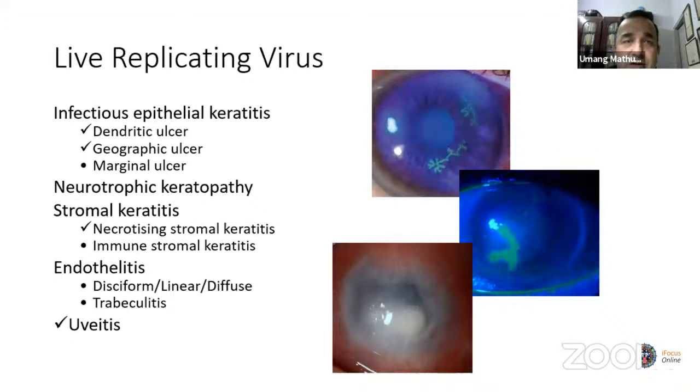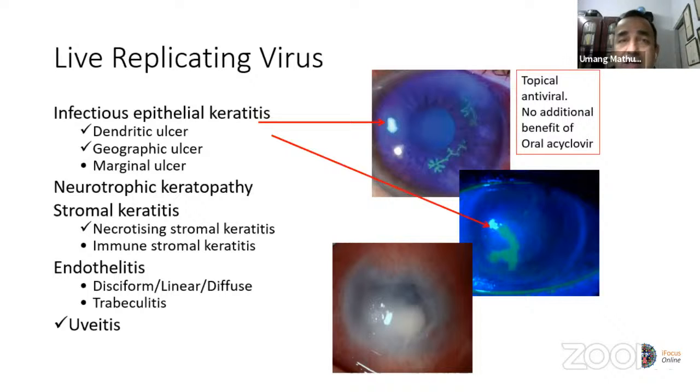So one last bit on HSV: which are the places where you have live virus? Dendritic geographic ulcers have live virus, and so you give topical acyclovir. There wasn't any benefit of oral acyclovir, as we saw in the HEDS study. These will be treated with topical acyclovir.